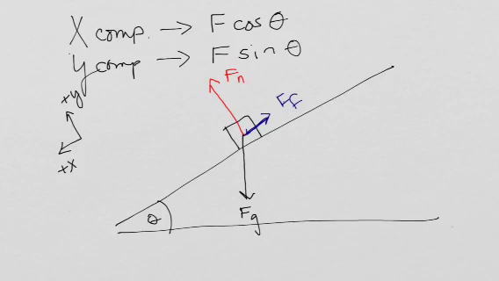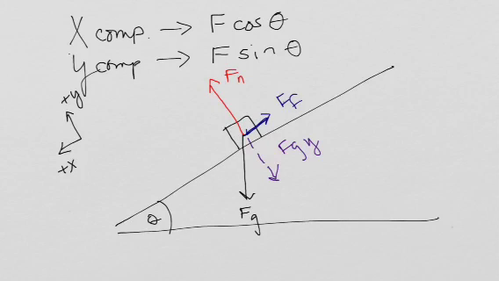We've got to draw in our y and x components for the force of gravity, because those will follow the vertical and horizontal we've decided on. They'll either be perpendicular to the incline or parallel to the incline. And that's where we're going to see that certain things can cancel one another out.